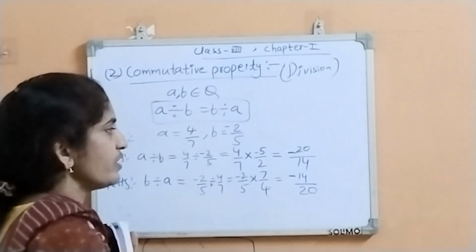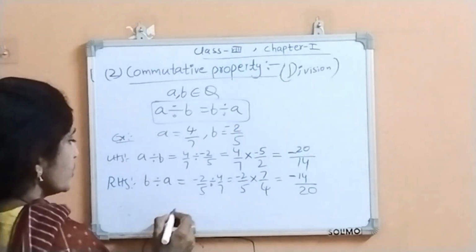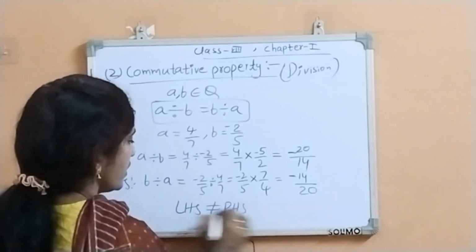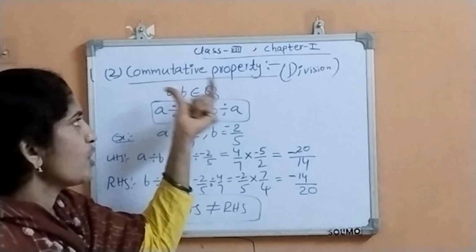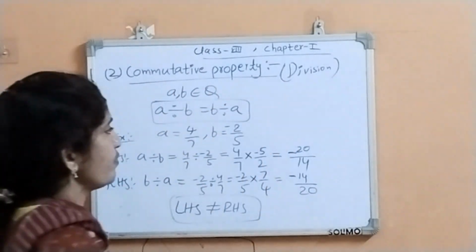So minus 20 by 14, minus 14 by 20, not equal with each other. So we got LHS is not equal to RHS. So by this we can generalize that commutative property under division is not possible in the rational number system.